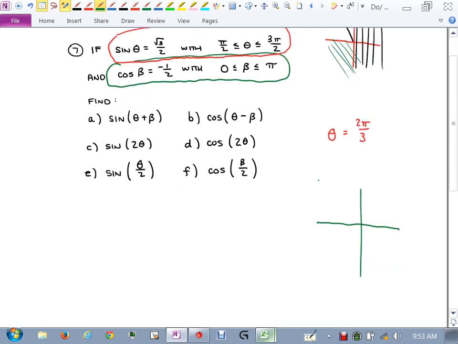I'm saying that beta must be between 0 and pi, so I'm not in the third or fourth quadrants. Cosine of beta must be -1/2. Cosine is which coordinate? The x-coordinate. Where's the x-coordinate -1/2? Over here. Is it the same angle? Is that what you're saying? Yes. It's the same place. Beta is also 2pi/3.